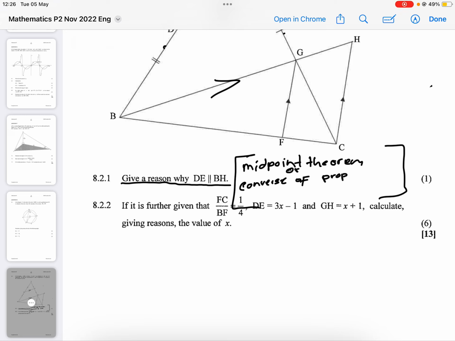Now it is further given that FC divided by BF is equal to 1/4. Now DE is equal to 3x minus 1. GH equals x plus 1. Calculate, giving reasons, the value of x. Now you must learn how to write the ratios because you're given the ratios. For example, here they said FC divided by BC is 1/4. So what does this mean?